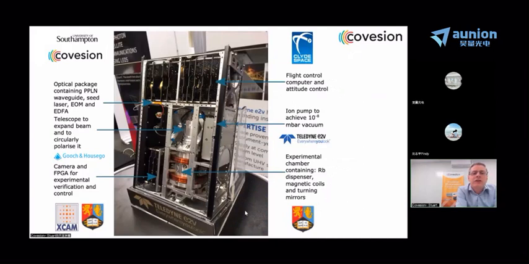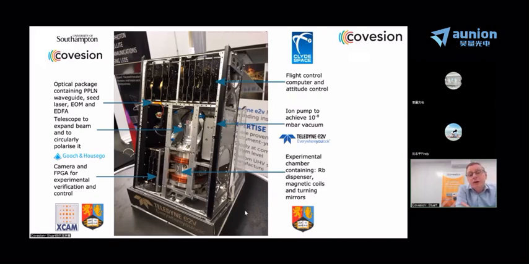So the next slide shows you the outcome of the project. What you've got here is the CubeSat itself with the covers off, showing you the internal systems that have been put together. At the top, you've got the flight control computer, which does the attitude control, etc. In the middle, the silver section there is the optical system.